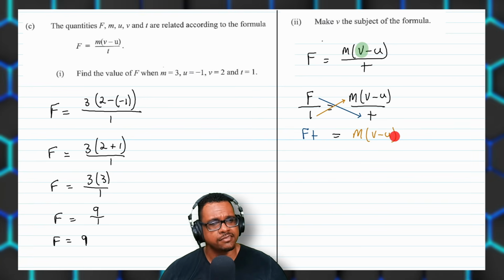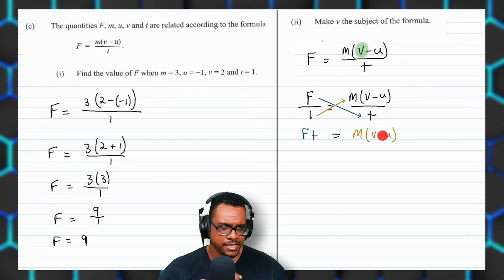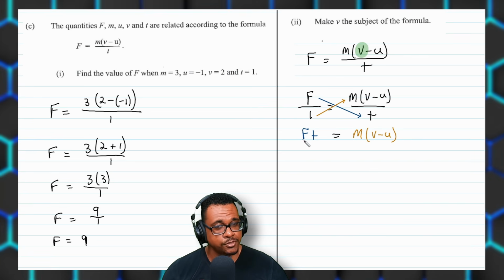We could expand, all right? Or I could simply say, you know what? This M is being multiplied by this. So if I move or transfer this M across to this side, the operation will change from multiplication to division. So it'll be FT divided by M. So what I'm going to get is FT divided by M is equal to V take away U.